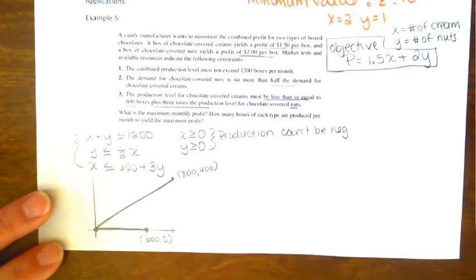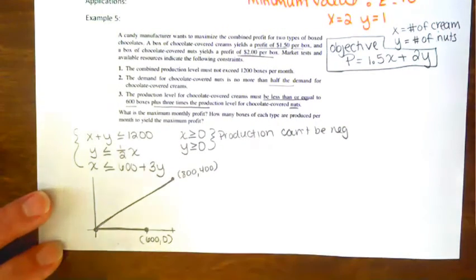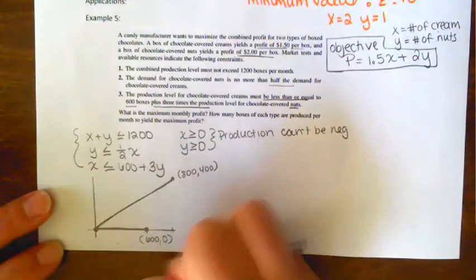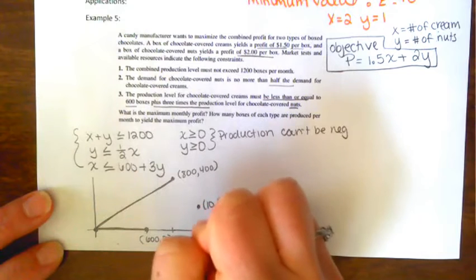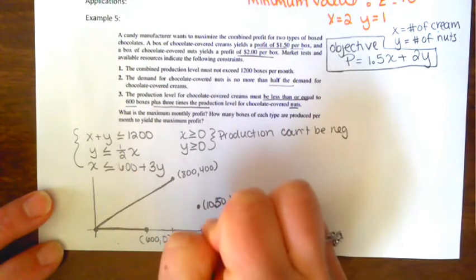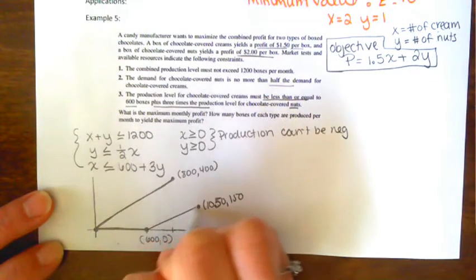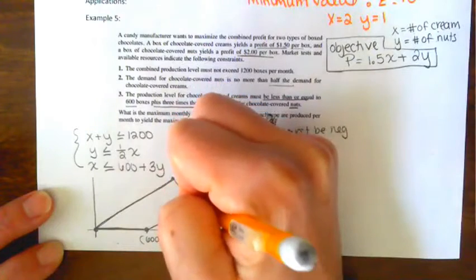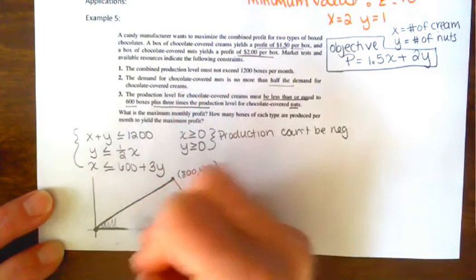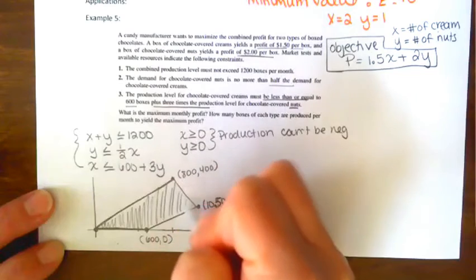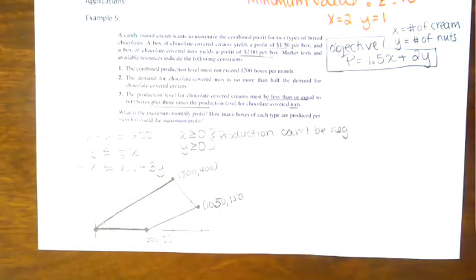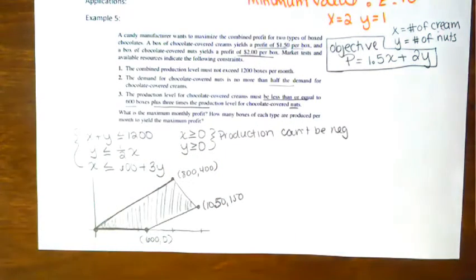And then 1050, 150. There we go. So if we use Desmos and graph all of these constraints, this is what it's going to look like, okay? Is everyone okay with that? If you want me to show you Desmos, we can do that after, okay?